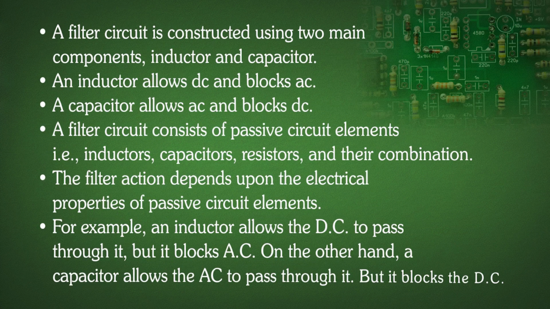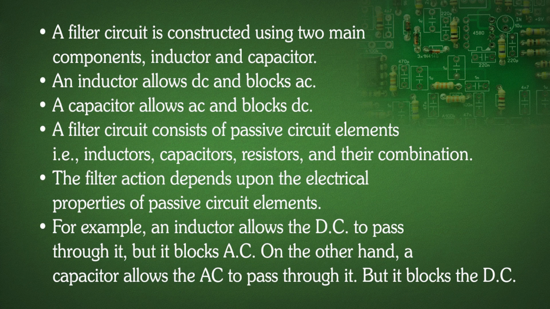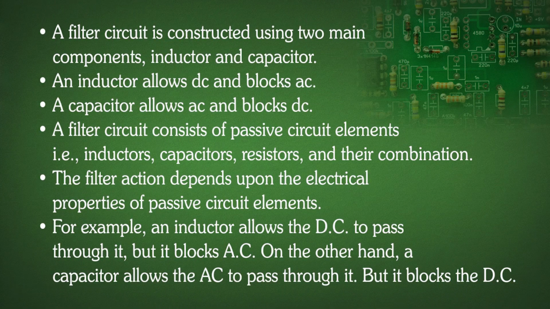A filter circuit is constructed using two main components, inductor and capacitor. The removal of the ripple and the smoothing of the wave is done by these two components. An inductor allows DC and blocks AC, whereas a capacitor allows AC and blocks DC.